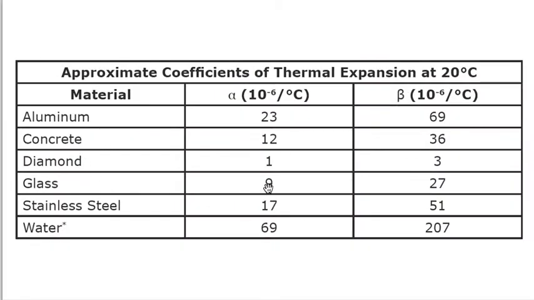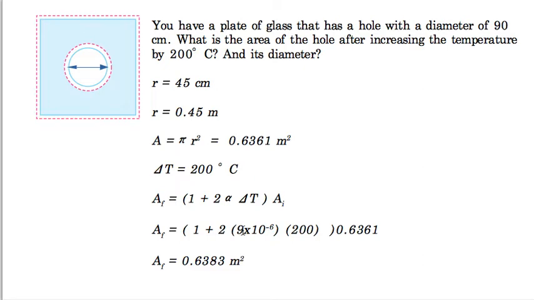It says 9 times 10 to the power of negative 6. That's going to be the alpha. Delta T is 200 degrees Celsius. We got to do all of this operation. We multiply at the end by the initial area, which is the area of the circle. That's what we're concerned about. And that's going to be the area of the circle after you change the temperature.